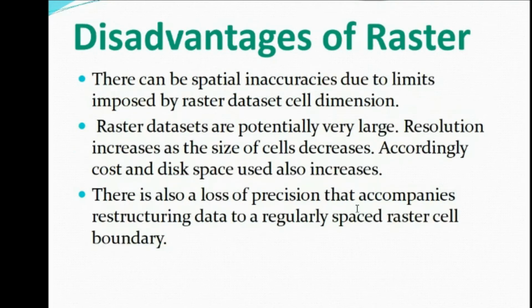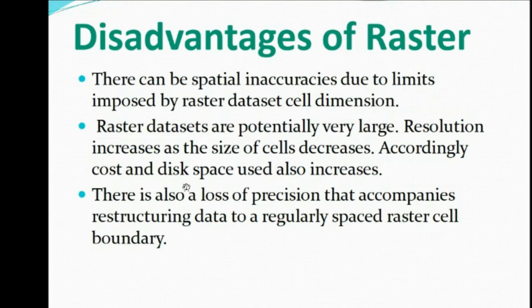What are the disadvantages? As I said, if the raster data has high resolution, handling that data will be more complex. There can be spatial inaccuracies due to the limit imposed by the raster data cell dimension. This is what we explained with respect to the cell size. Raster datasets are potentially very large. As resolution increases, the size of cells decreases.